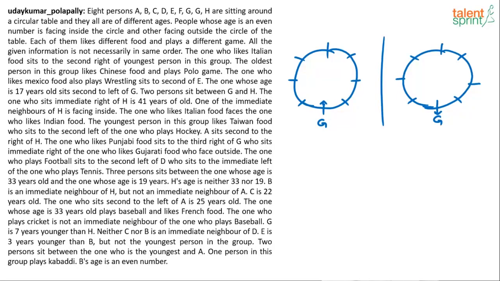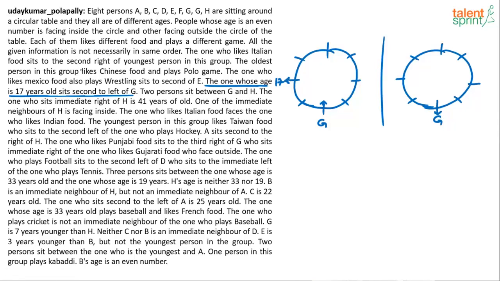Now based on that, let's connect. The first point that I would like to use is this: the one whose age is 17 sits second to the left of G. Now if the person is facing center, left will be clockwise. First and second, this will be 17 years old. Since he's 17 years old, he should be facing outwards. Why? 17 is an odd number and odd guys face outside.